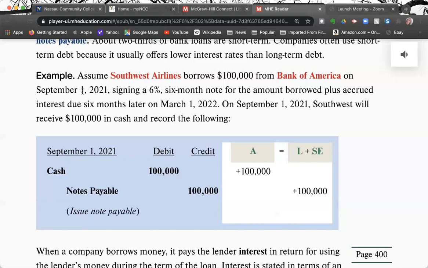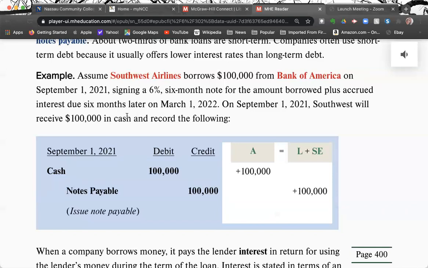Now, you don't have to pay back the interest until March 1st next year. But what very important date is somewhere in the middle? September 1 versus March 1, what very important date in the life of an accountant is in the middle there? December 31st. December 31st, adjusting entry time.